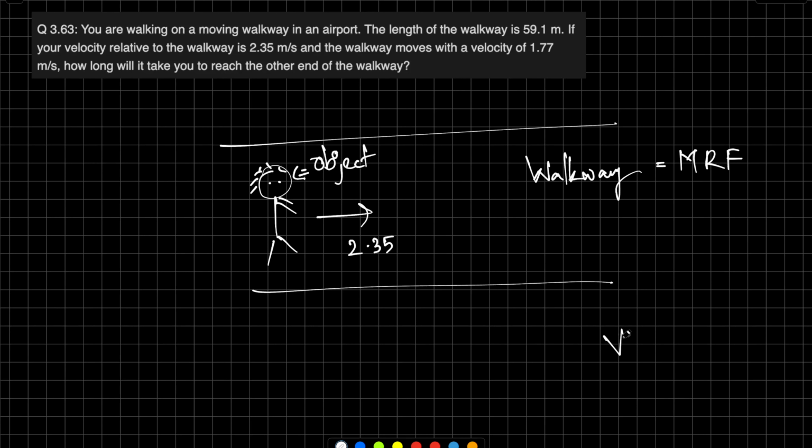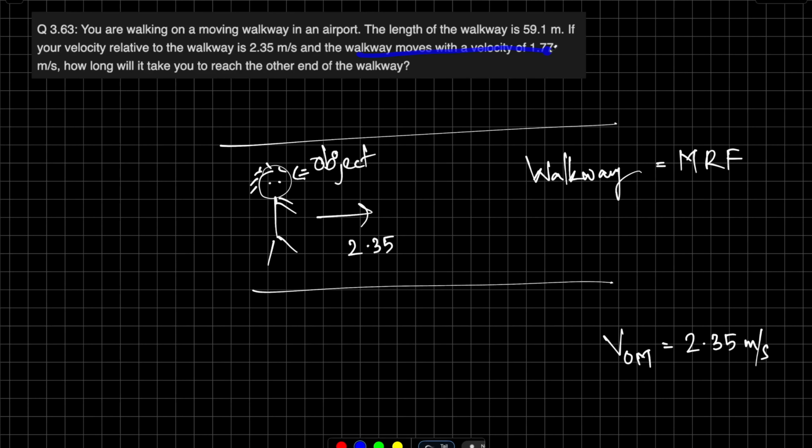Your velocity relative to the walkway: you are the object and the walkway is the moving reference frame. So the velocity of the object with respect to the moving reference frame is 2.35 meters per second.